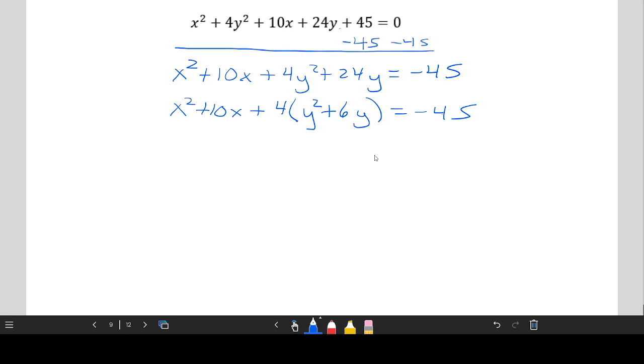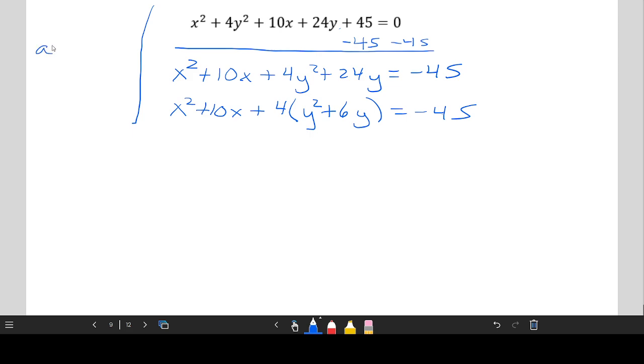And now we can add something to both sides that makes it possible to factor these, because remember we want to have x minus something squared and y minus something squared as part of our formula. So we've done completing the square back when we were talking about quadratics.